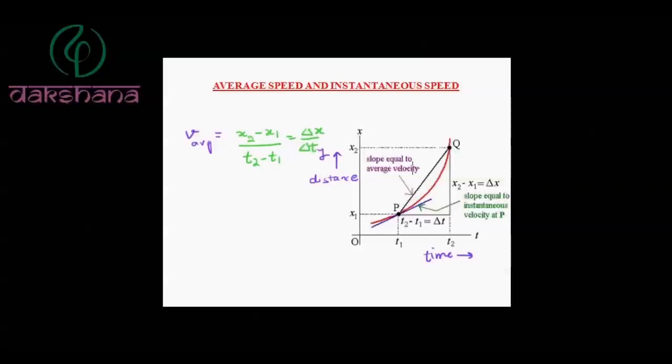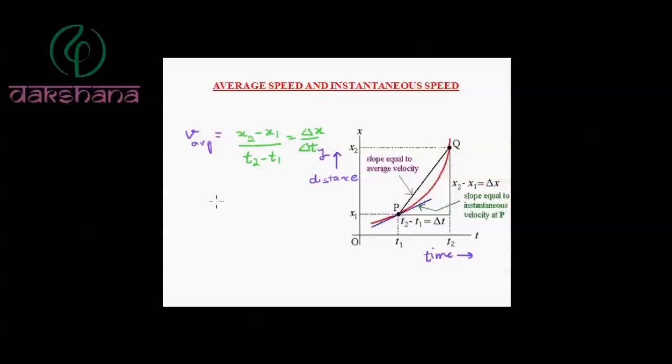Now when delta t tends to 0, point Q gets closer to point B. In average speed, it is the slope of the chord which gives the average speed.